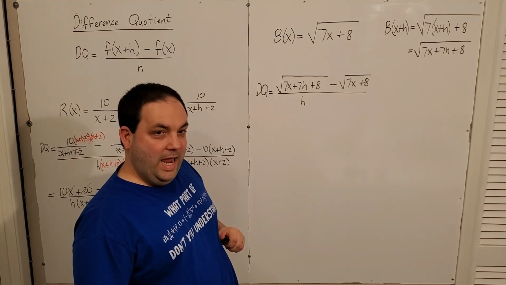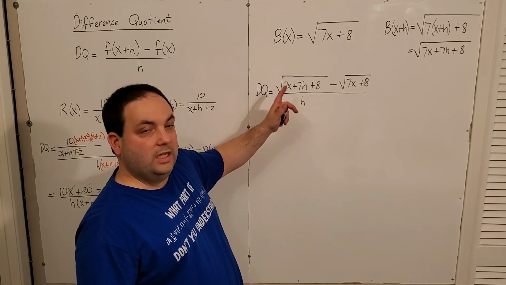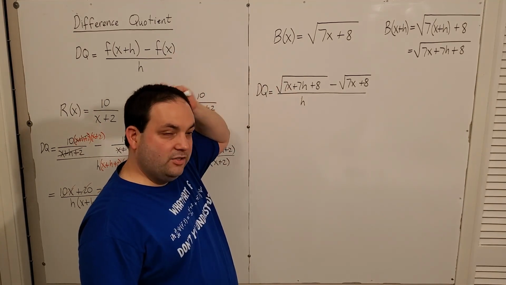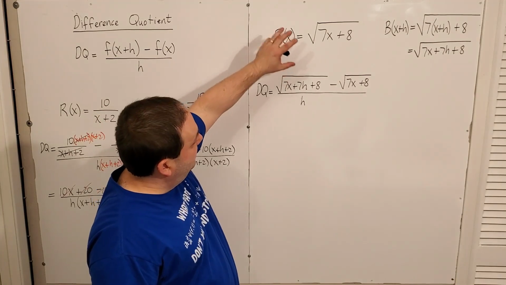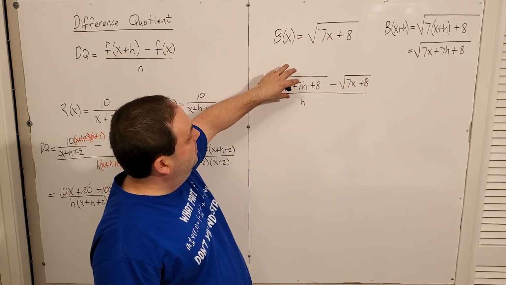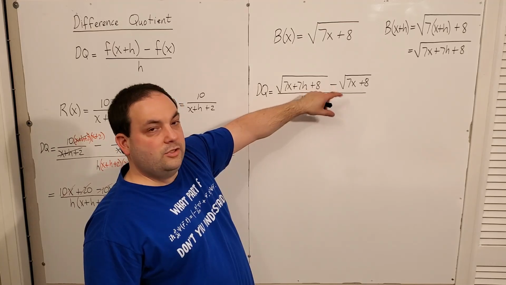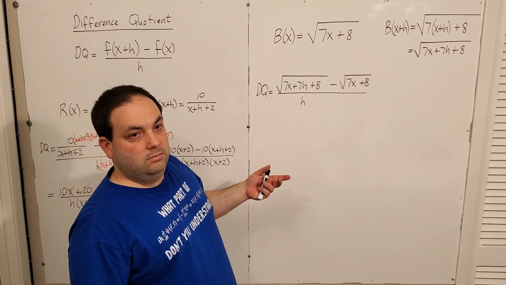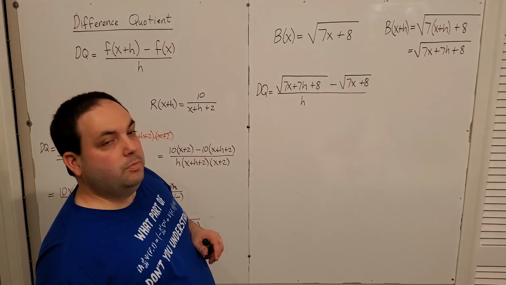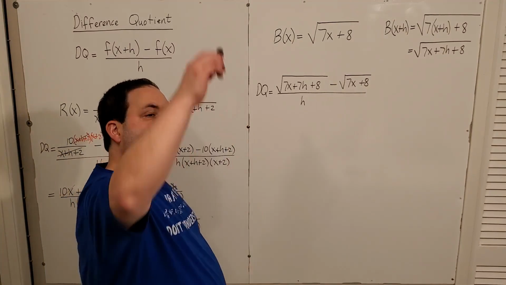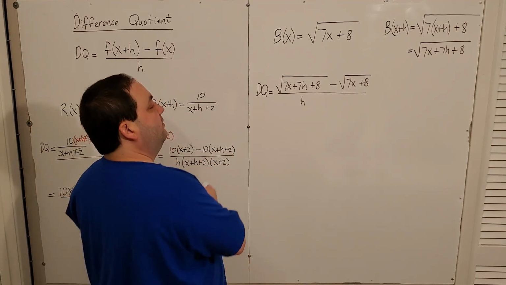The only way to handle that is by doing the conjugate. Think back to when we were multiplying square roots: the conjugate means I take the same two objects, but instead of subtraction, I switch it to addition. I'm going to multiply that conjugate to the top and the bottom of this big fraction.